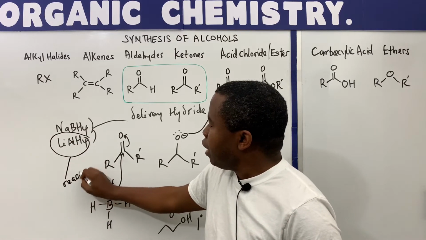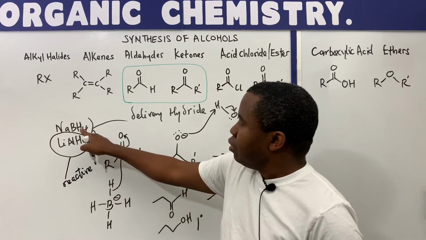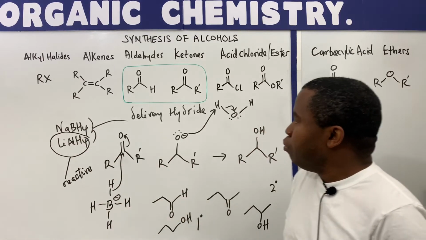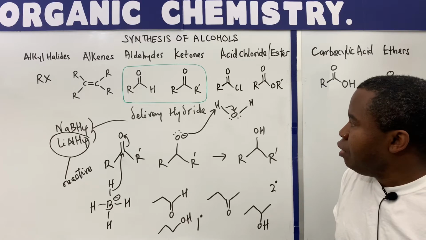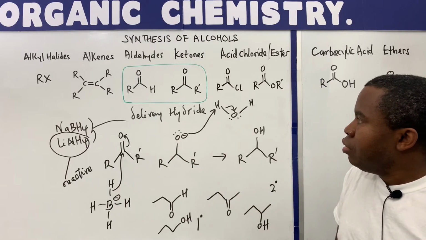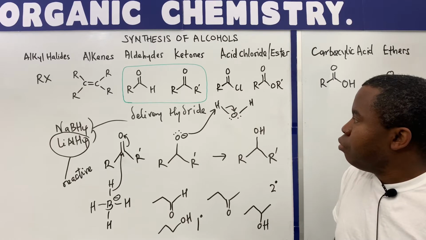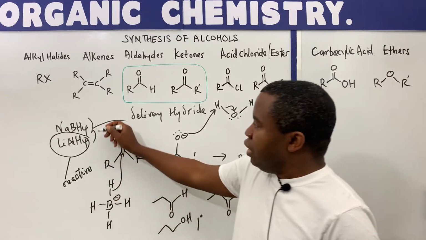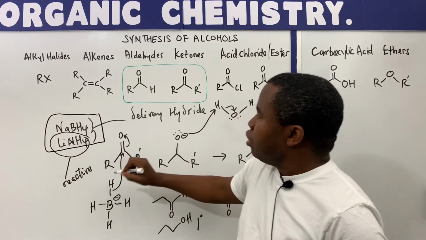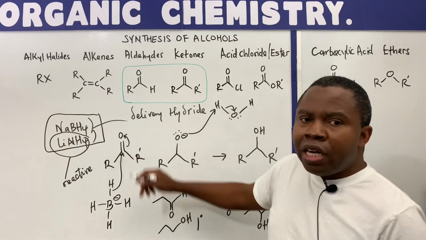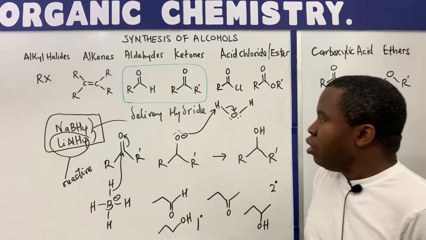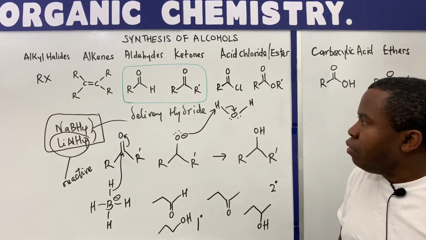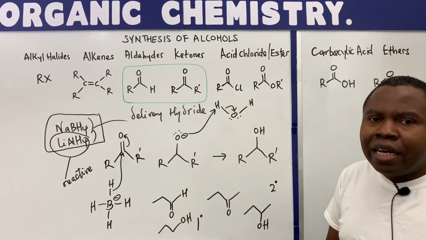It's really more reactive than sodium borohydride. It's a much stronger reducing agent. And as we can see, if we use catalytic hydrogenation, just like I mentioned earlier, we're not going to have a very selective reduction, but if we use this, we're going to have the reduction selectively taking place across the carbonyl functional group. And that is why we often use sodium borohydride or lithium aluminum hydride in the reduction of carbonyl functional group to make alcohol in organic chemistry.